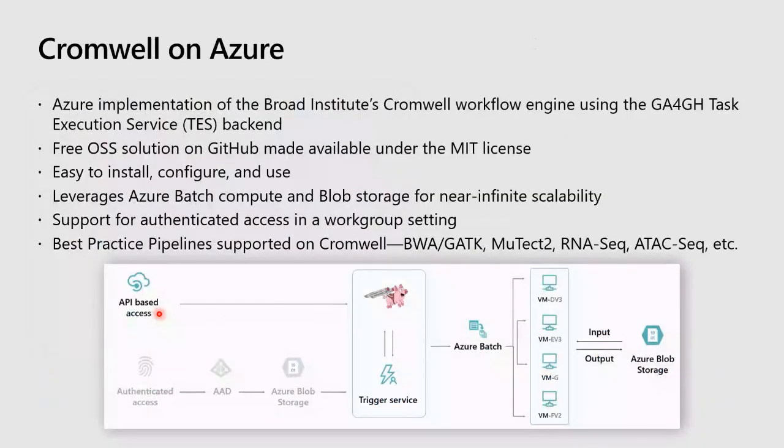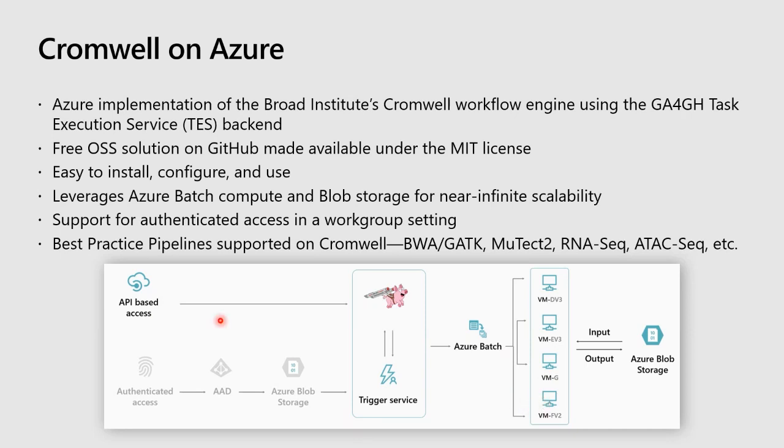The first component of that is implementing a workflow engine that was developed at the Broad Institute called Cromwell. Cromwell enables us to run any scientific workflow that is containerized, and leverages Azure Batch resources to provision individual virtual machines for a given task to process that data.